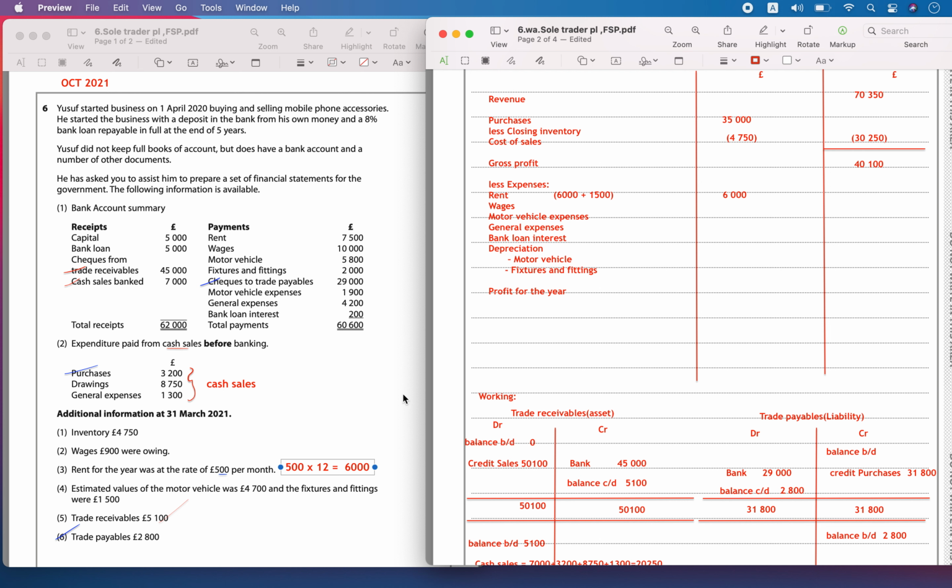Okay, so then wages 900 was owing and this much was paid. So 10,000 plus 900 was still owing. Okay, owed expense is a liability, so we will account it later.